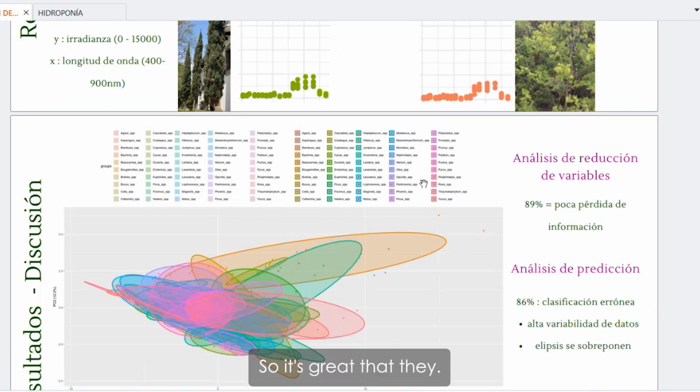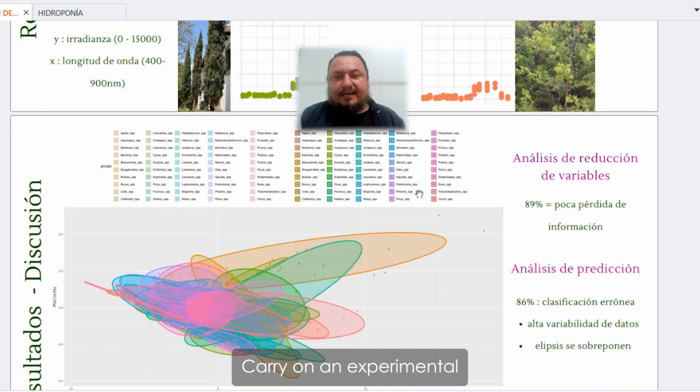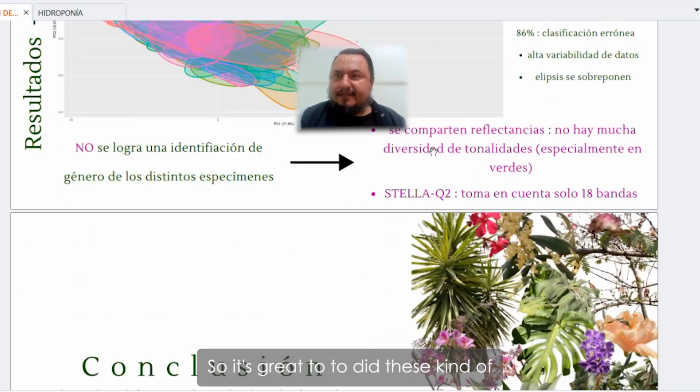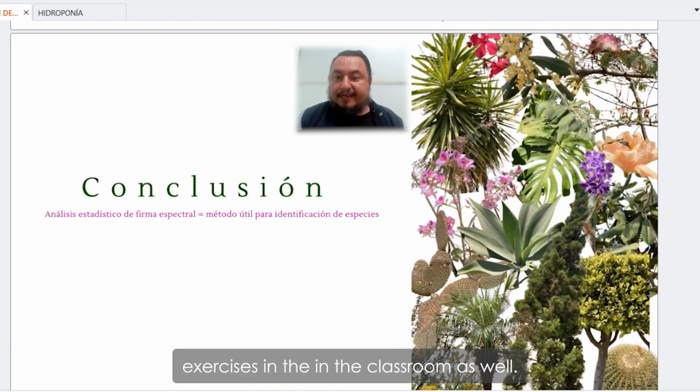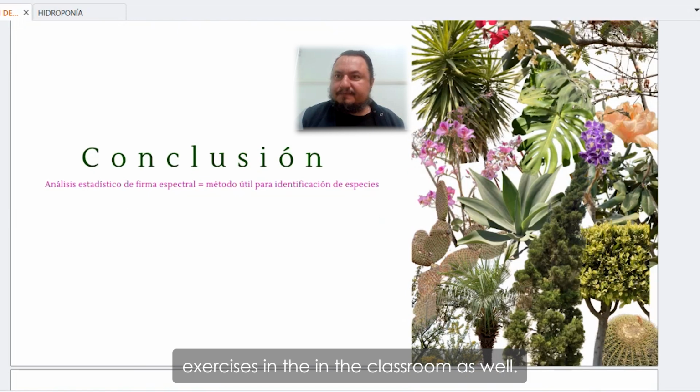So it's great that they carry on an experimental procedure in his background. So it's great to do this kind of exercises in the classroom.